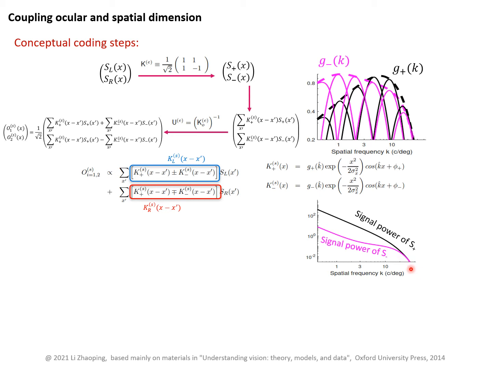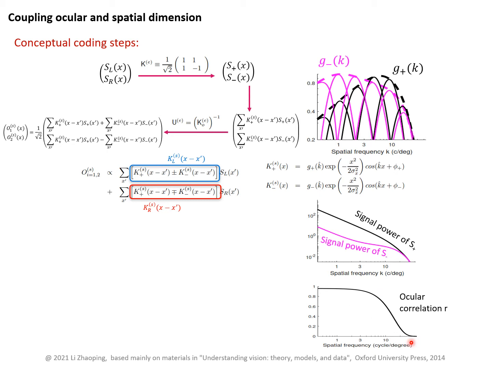And this is quite unlike in color coding, where the chromatic channels are always weaker statistically than the luminance channel in all frequency bands. For the stereo coding, this convergence of the signal powers is caused by smaller and smaller ocular correlation between the left eye and right eye signals as the Fourier frequency becomes higher.